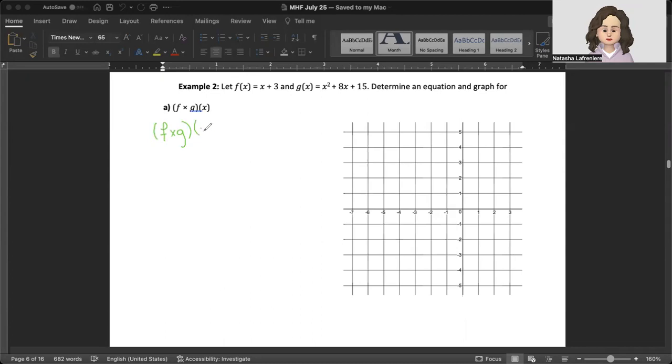Okay, so our product is x plus 3 times g of x, which can then be factored this way.